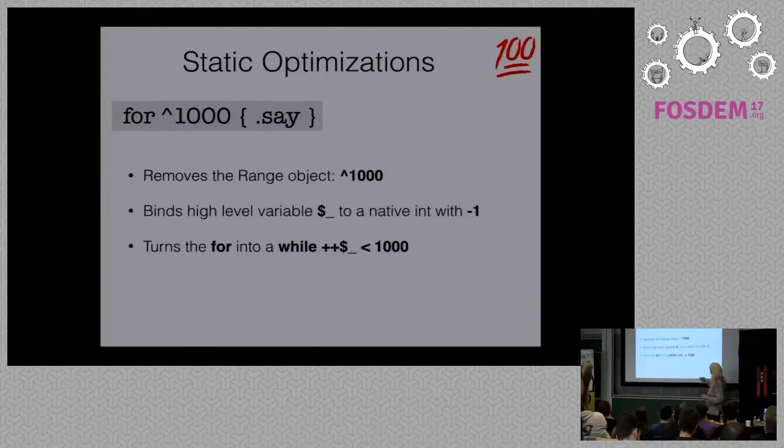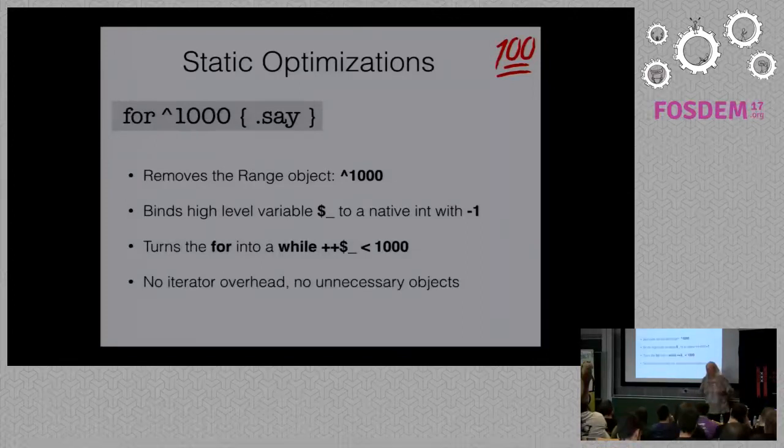And then it turns the for into a while loop, pre-incrementing $_ until it hits 1,000. So we have no iterator overhead, we have no unnecessary objects. This is really fast. And this also jits very well into machine code. And the empty loop example of this is actually faster than Perl 5. It's not very useful, but there you go.